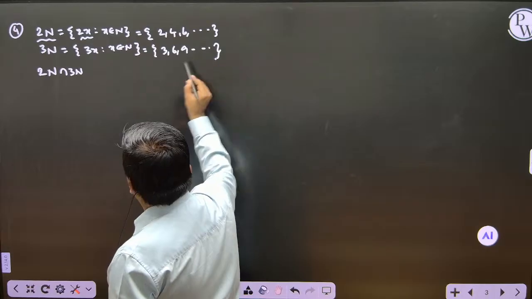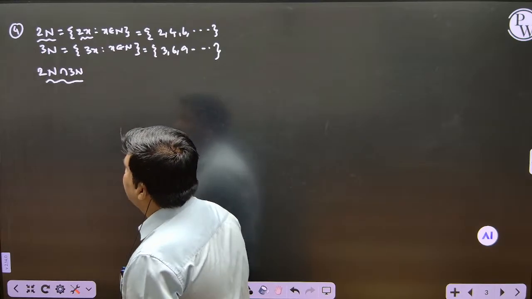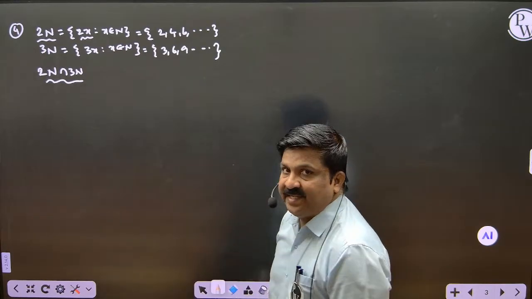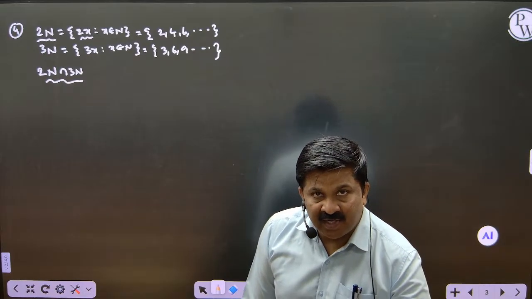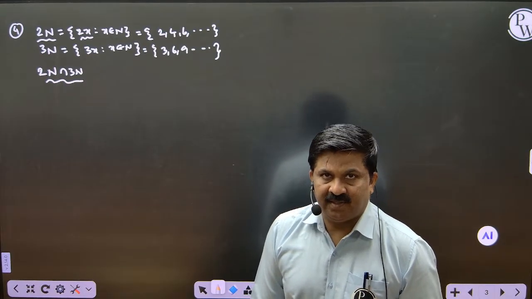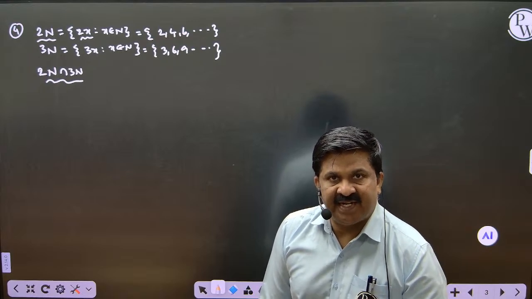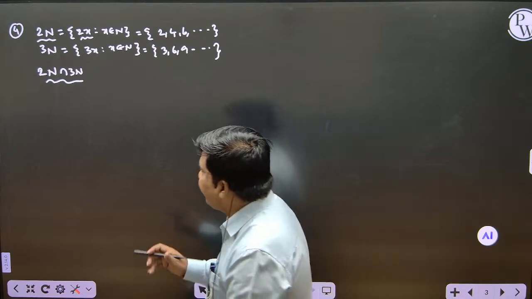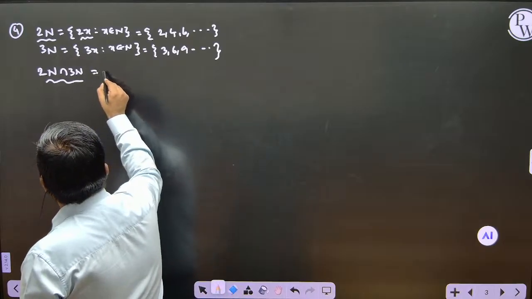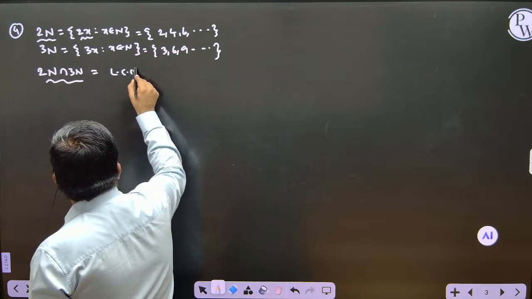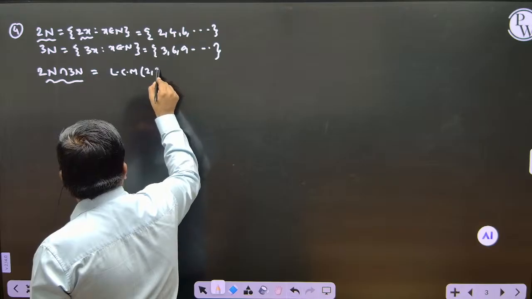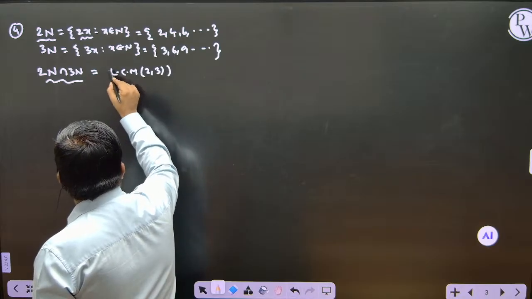But he asked 2n intersection 3n. He asked for the commonality, the common elements of the 2n set and 3n set. How do you find that commonality? You can find it as LCM of 2 comma 3 of n.